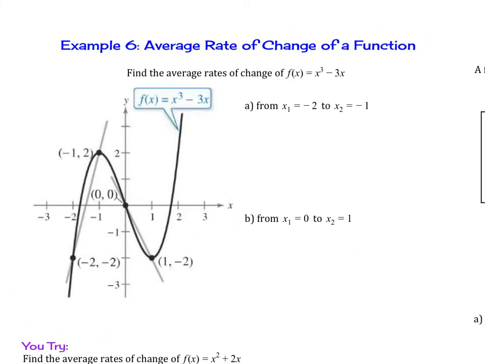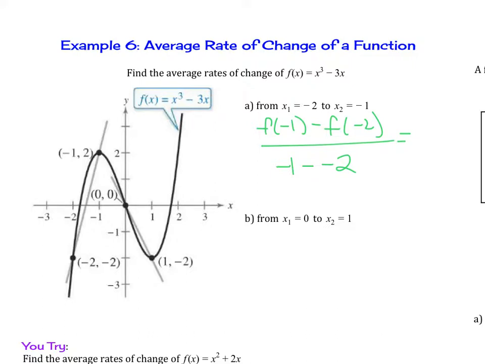Example 6, average rate of change of a function. Find the average rate of change of f of x equals x cubed minus 3x. So we do need to use that formula. We know that f of x sub 2, so f of negative 1 minus f of negative 2, all over negative 1 minus a negative 2.